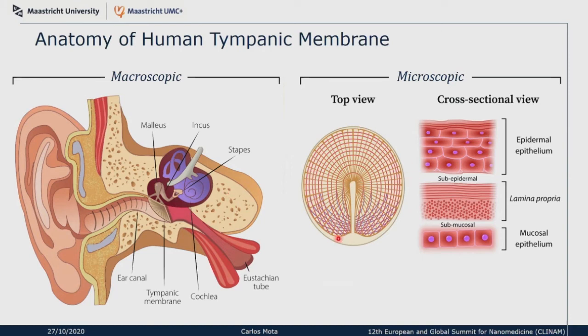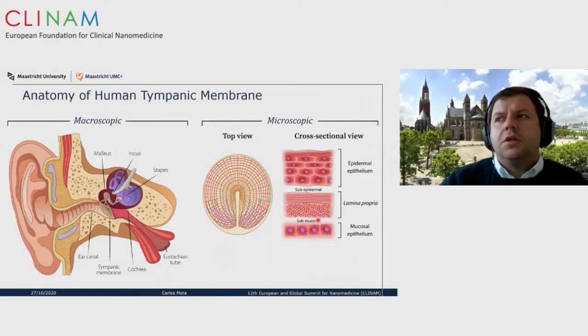In detail, the tympanic membrane is divided into three layers: the epidermal epithelium, the lamina propria, which is highly composed of collagen fibrils arranged in a very peculiar form, either concentrically or radially, and then the mucosal layer as well. The whole cross-section is roughly 100 microns, so this is a very packed collagen fibril network.